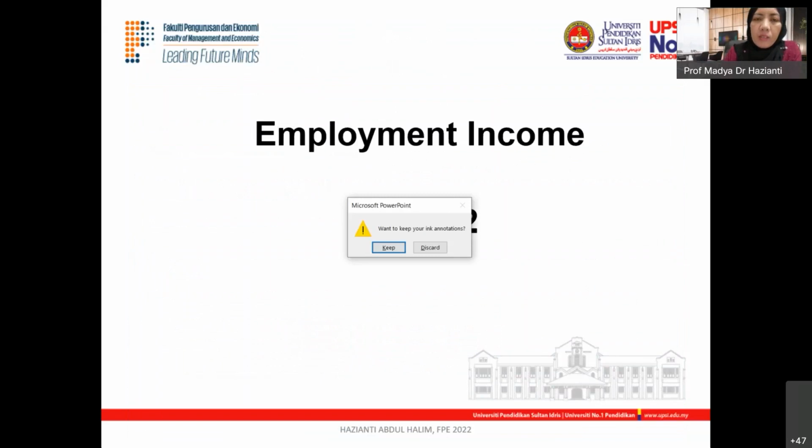Sekejap saya tengok kalau ada soalan yang saya boleh bagi sekarang.